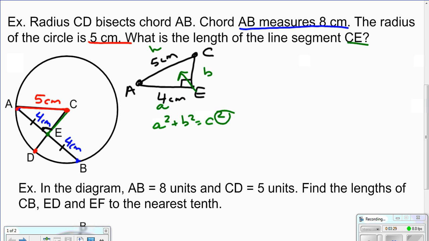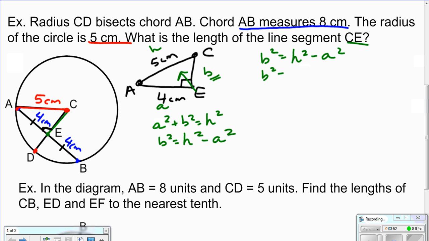There we go. So the square of the hypotenuse is the sum of the two smaller squares, but in this case we're looking for one of the smaller squares, so we actually need to subtract. So B squared equals hypotenuse squared, take away the smaller side squared.